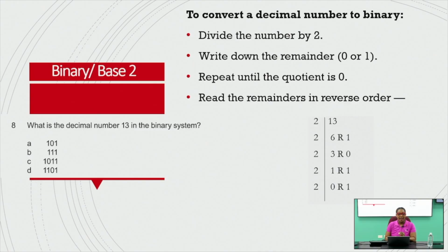So now I end up with a 0 in my quotient, and I will stop here. I will read the number from the bottom up. So the answer is 1101, and that is now in binary form, or what we call base 2. So the correct option here is D.